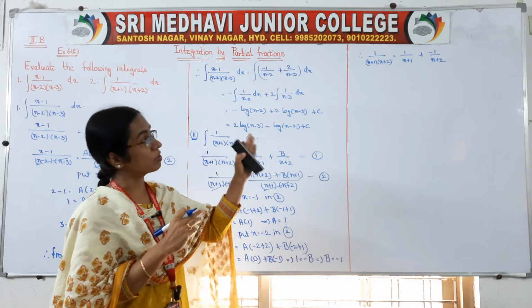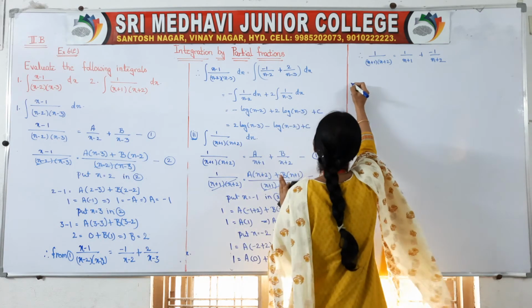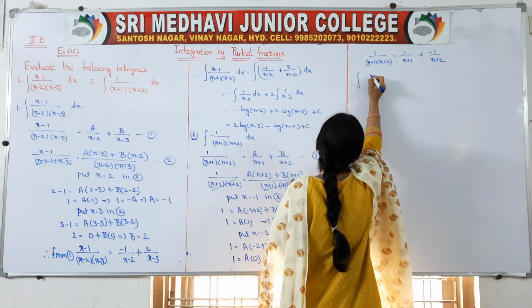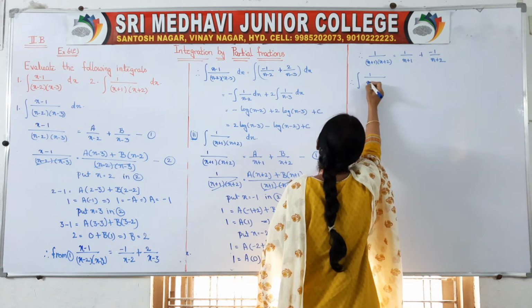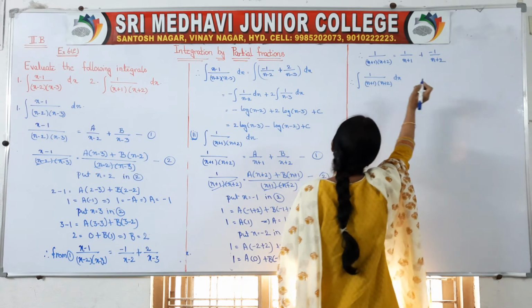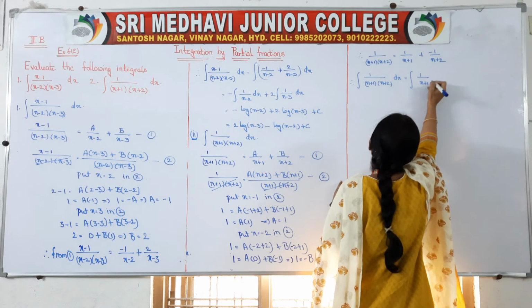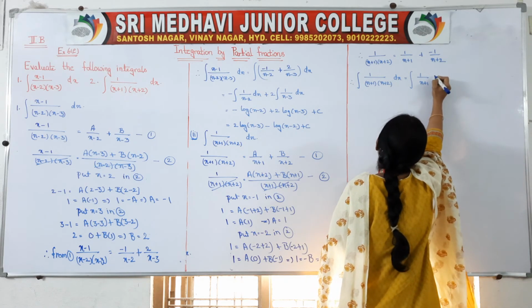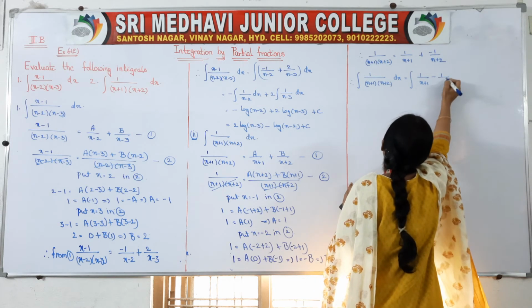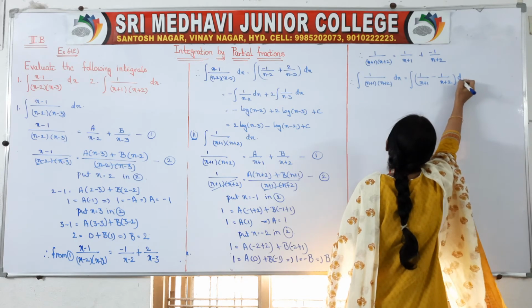Now we have to take the integral for this fraction. Therefore, the integral of 1 by (x plus 1)(x plus 2) dx is equal to the integral of 1 by x plus 1, plus of minus 1 by x plus 2, dx.